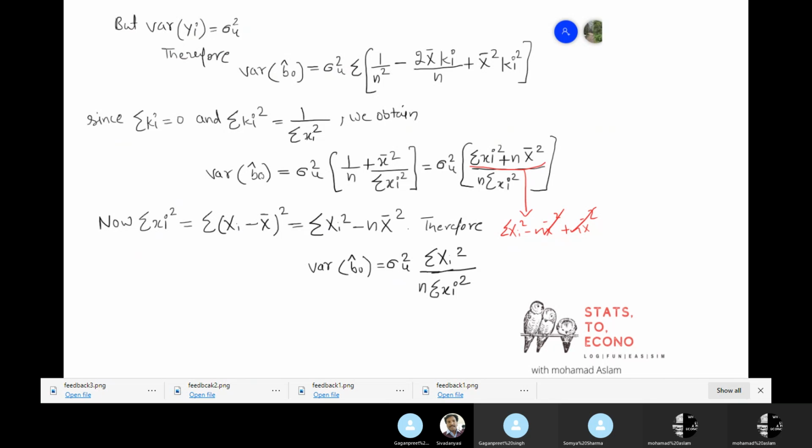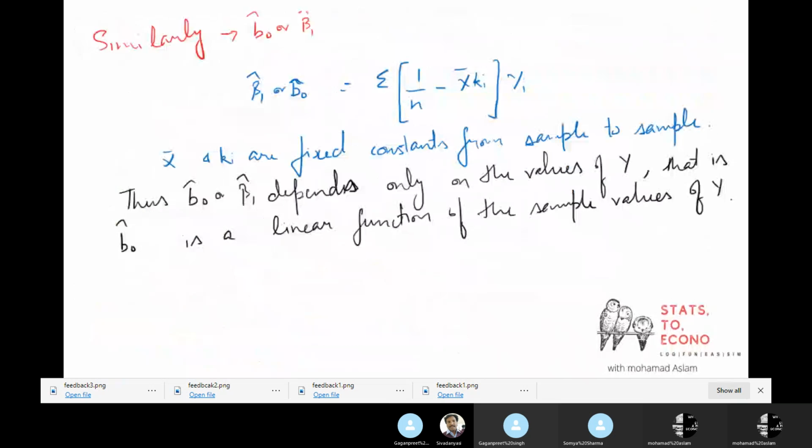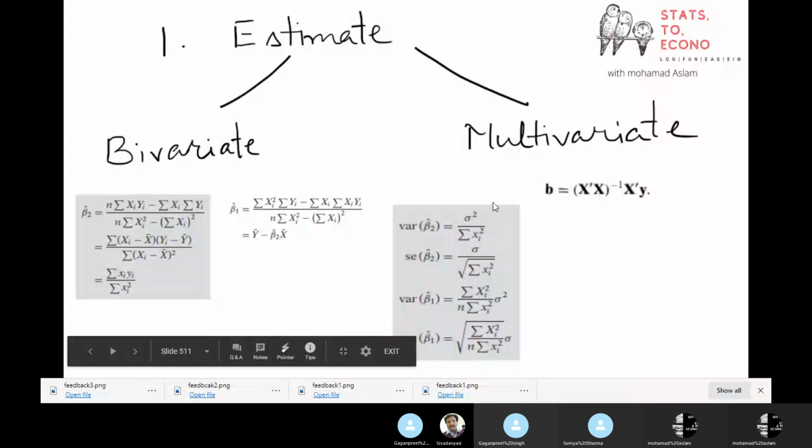Now this is a difference from the variance of beta 1 hat, the slope, and this variance of the intercept is different. Any doubt? So if you see now, these are the two estimates. This is the slope coefficient and this is the intercept coefficient. These two variances are different.